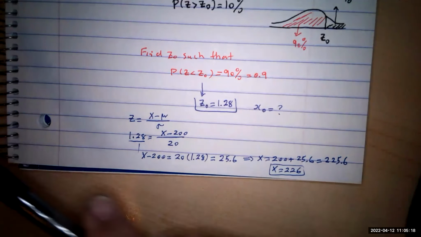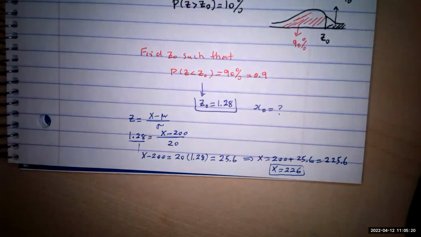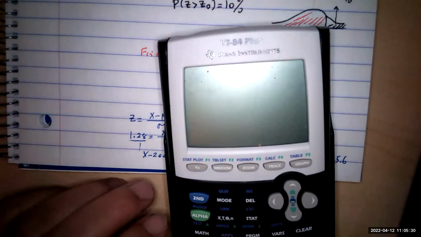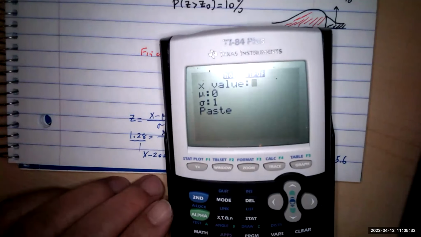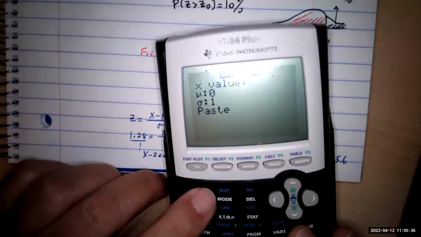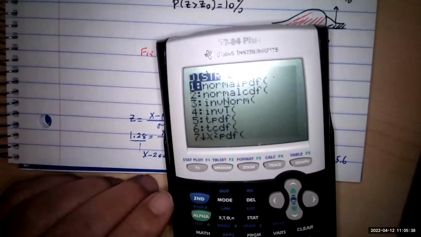Okay, any question? Now let's do it with the calculator. If you go back to your calculator, it doesn't matter the TI or this one, both of them are going to be the same. You go to that distribution again.